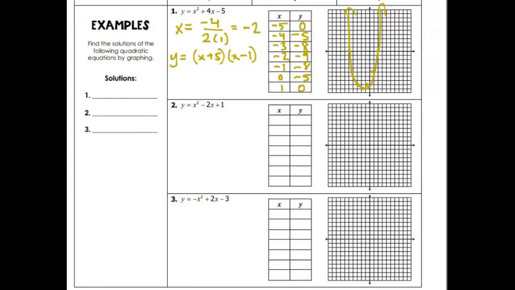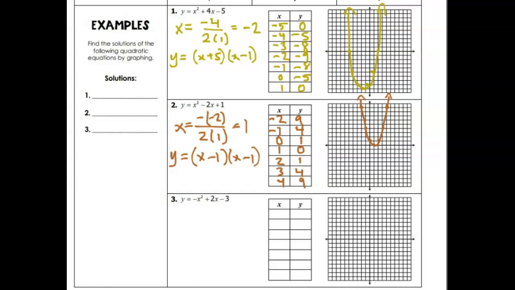If we look at the next example, we're going to again graph it the way we normally would with the axis of symmetry and the vertex. You can see that our vertex is (1, 0), which means the vertex is directly on the x-axis. If we factor it, notice that the factors end up being the same, x minus 1 and x minus 1.